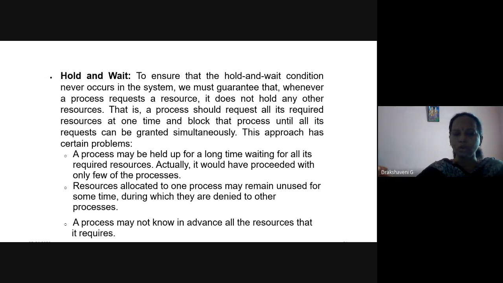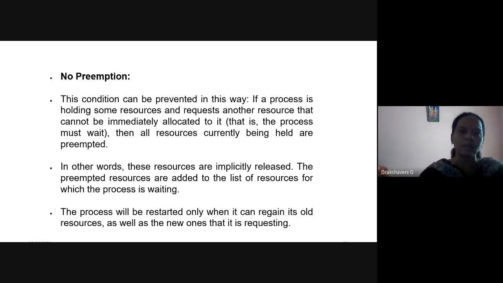A process may not know in advance all the resources that it requires. That's what hold and wait is. To avoid deadlock, see to it that if one process is using one resource, until it releases that resource, another one should not be allocated.